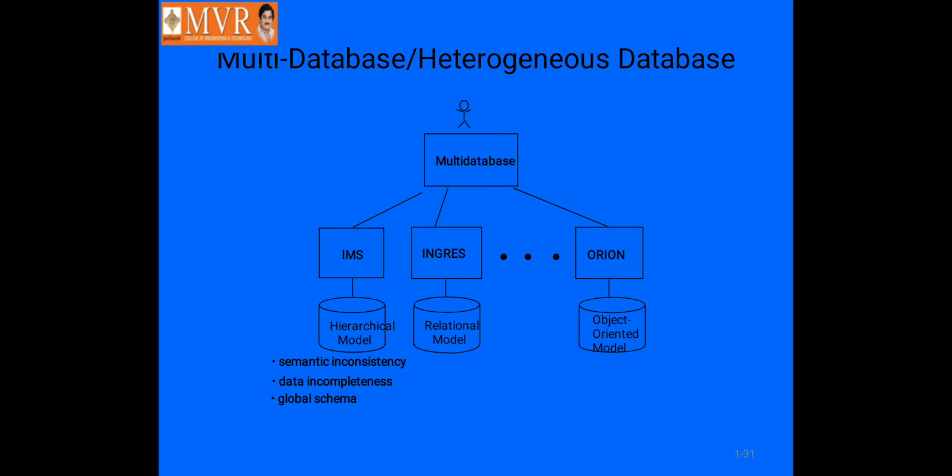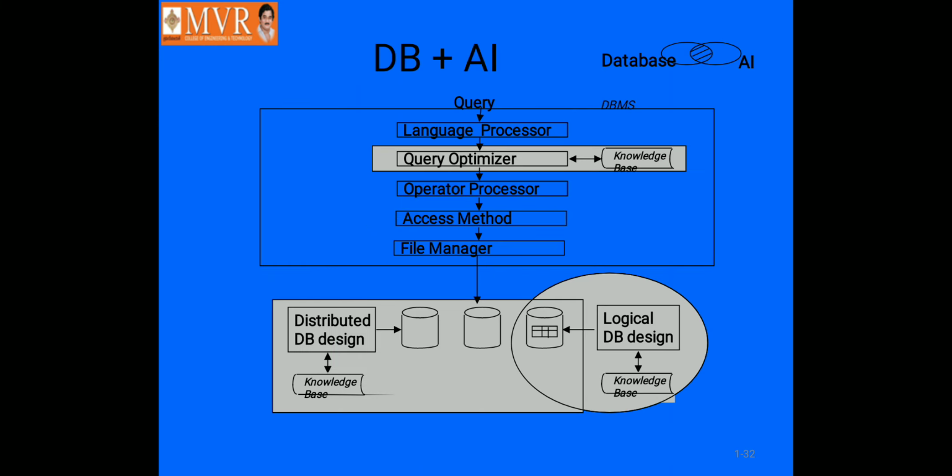Multi-database and heterogeneous database. In a multi-database, we use the hierarchical model, relational model and object-oriented model, and we can share the data via the DB with artificial intelligence. The query DB has a query language processor, query optimization, operator processing, access method and file manager.